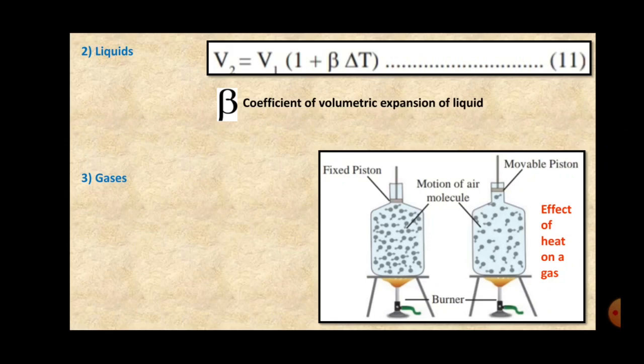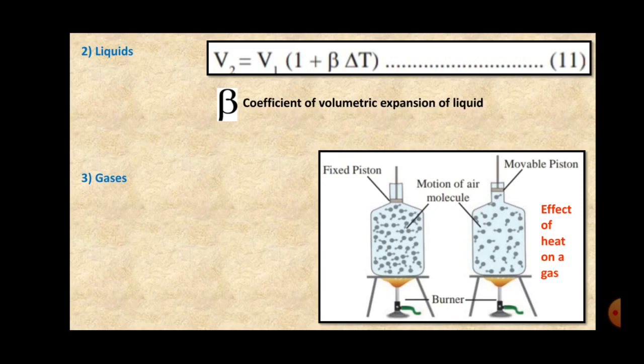In the picture you can see we have two bottles. In the first bottle the piston is fixed, and in the second bottle the piston is movable. Now the amount of air in both the bottles is the same. Now when we supply equal amount of heat to both the bottles, we can see that the motion of the molecules increases.